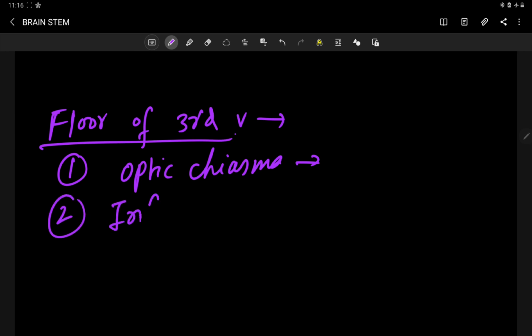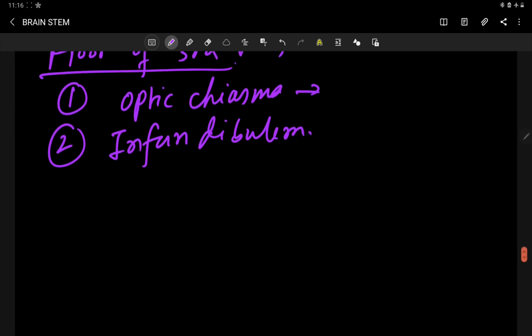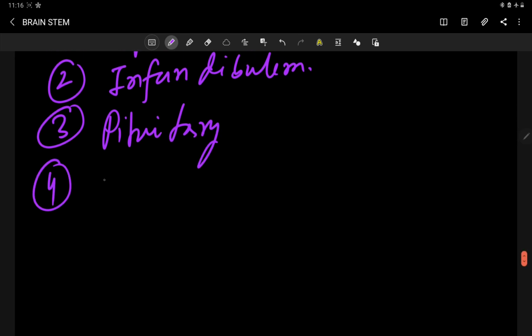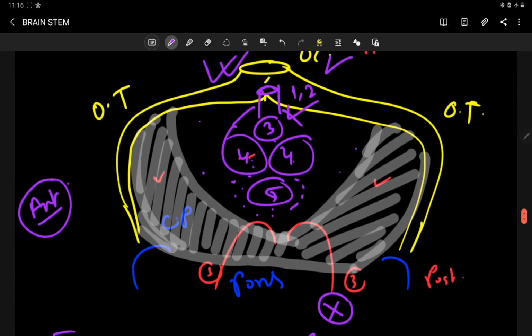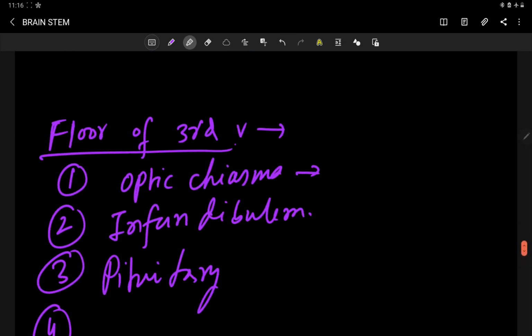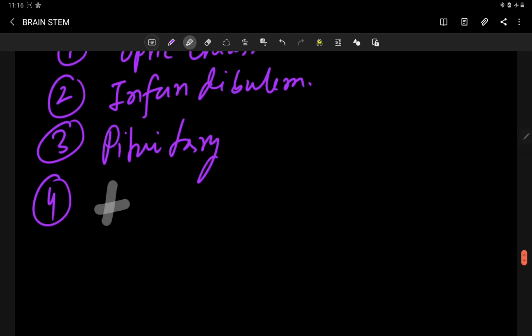Second, infundibulum. Whenever you are writing infundibulum, just add pituitary with it. Next, area 3, tuber cinereum.